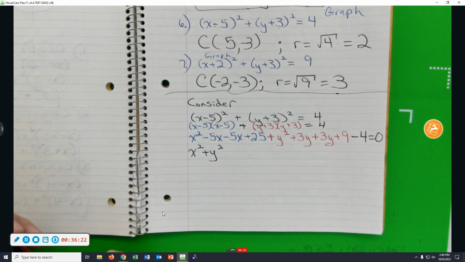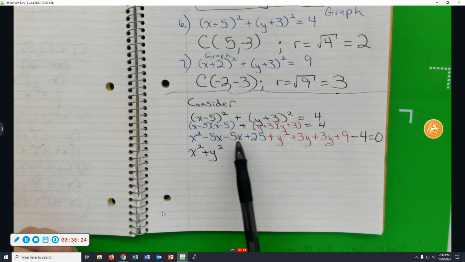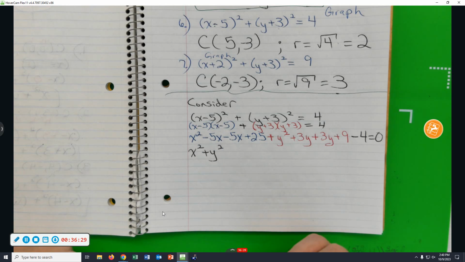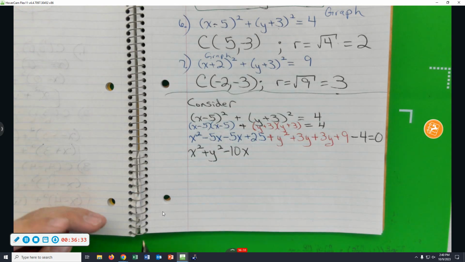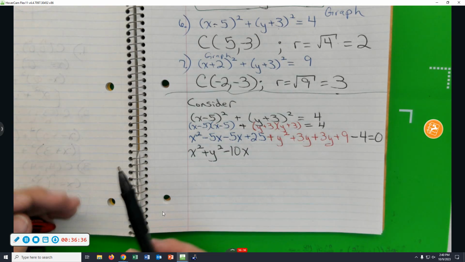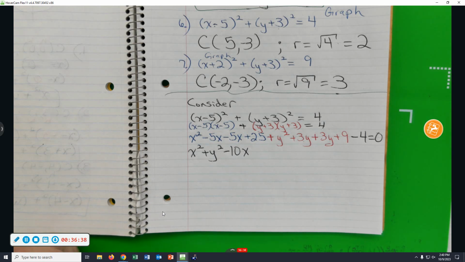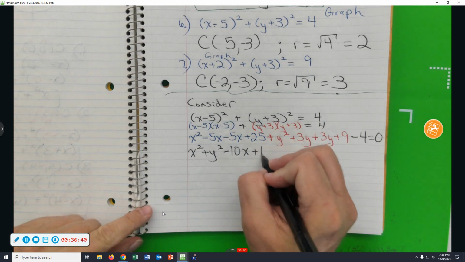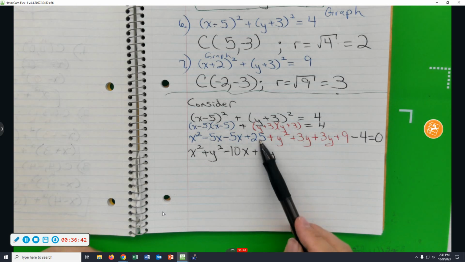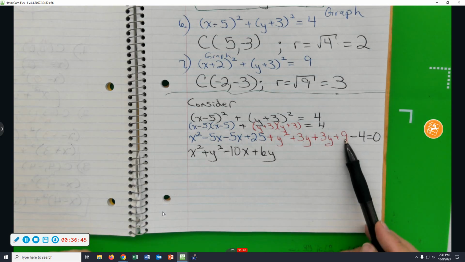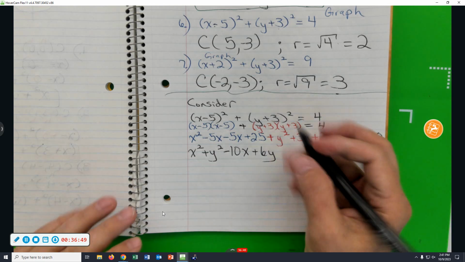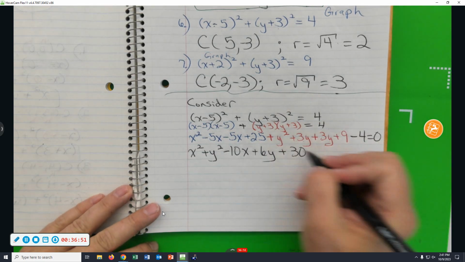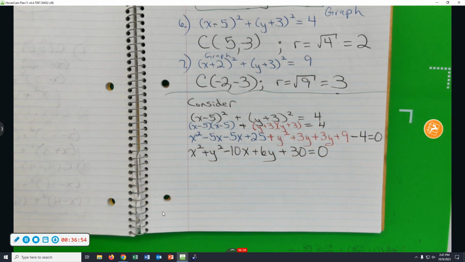Now let's combine the x terms. Negative 5x minus 5x gives us minus 10x. Let's combine the y's. We have 3y plus 3y, plus 6y. And we have 25 plus 9, that's 34, minus 4, a positive 30 equals 0.